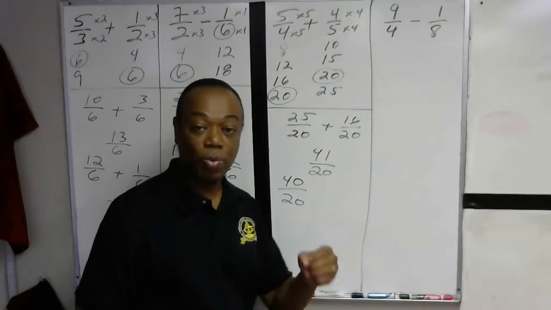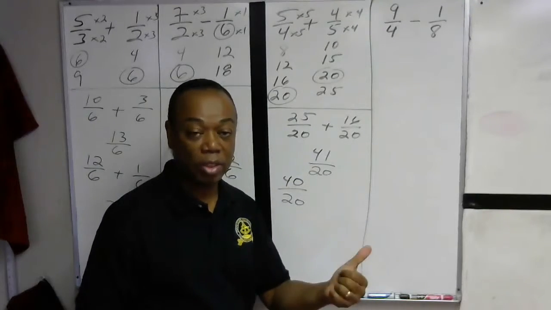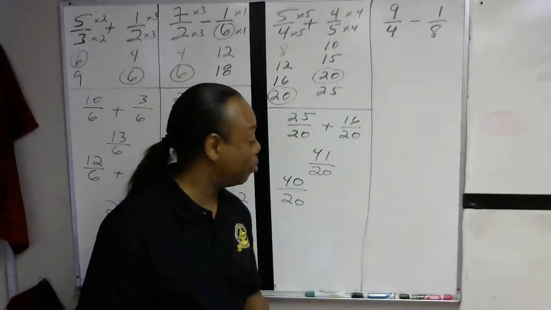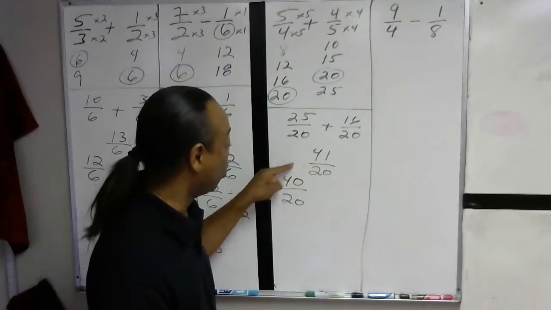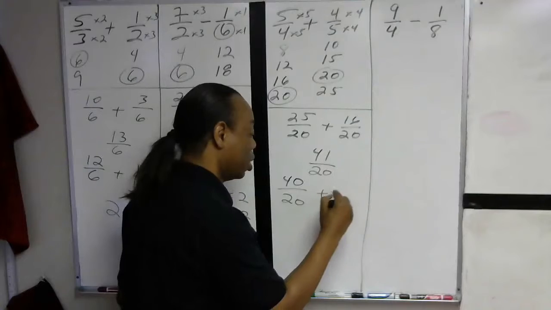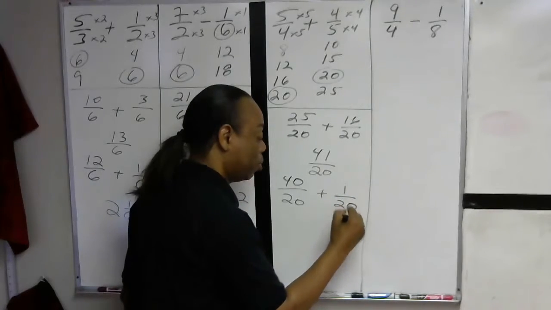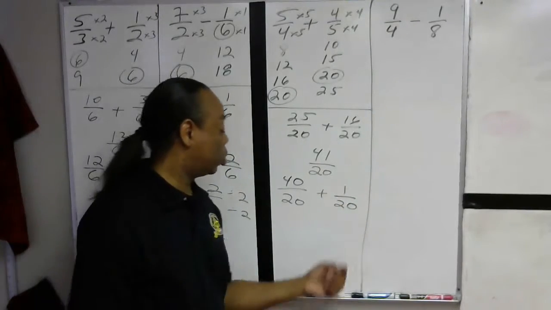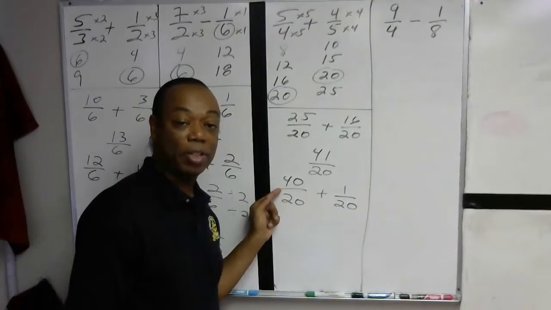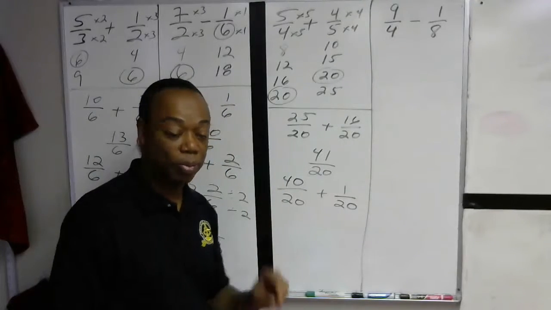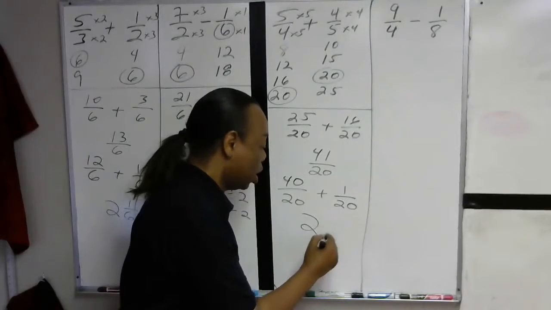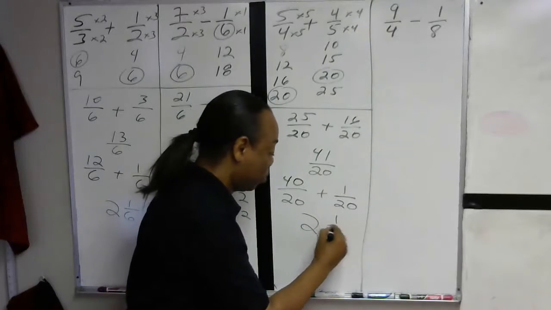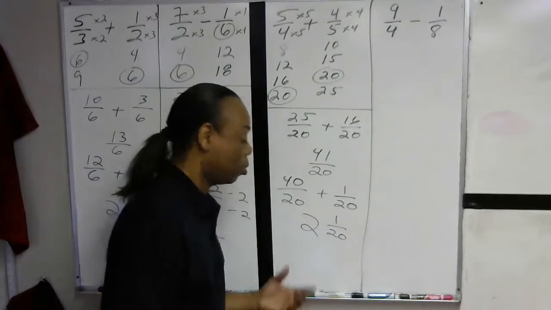The 20 times table would be 20, 40, 60, 80, 100. Okay, now what's the difference between 41 and 40? It'll be 1. Okay, so now 40 divided by 20 will leave us 2. We'll bring down the 1 over 20. And we're done.